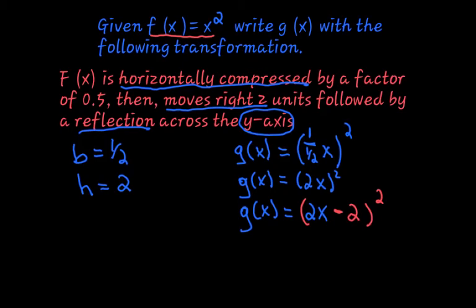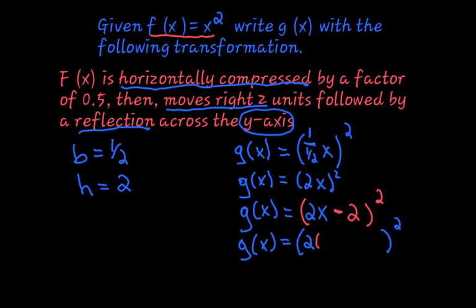And finally it says you want to make a reflection across the y-axis. So the y-axis is a negative inside of the parentheses multiplying the x. So we have g of x equals, here's my parentheses with the squared. I'm going to bring down the 2 here, and I need a negative multiplying the x.